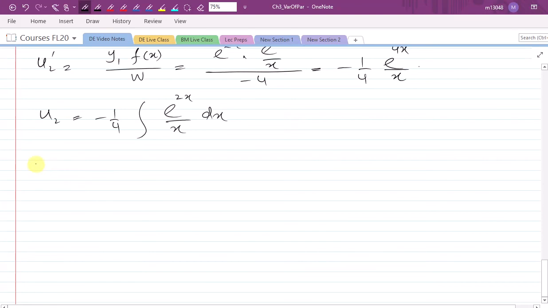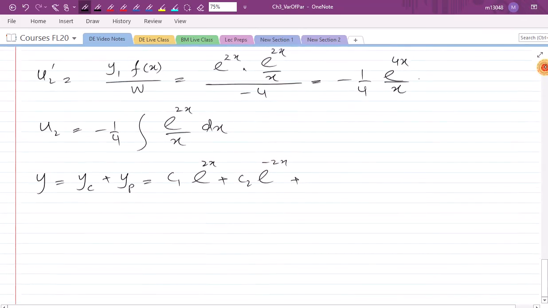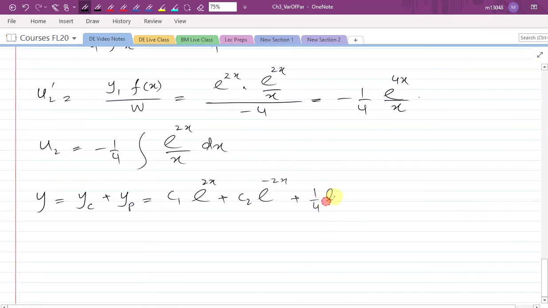Okay, y equals yc plus yp, that would become c1 e raised power 2x plus c2 e raised power minus 2x plus u1 y1, where u1 is plus 1 by 4 log of x into y1 which is e power 2x.